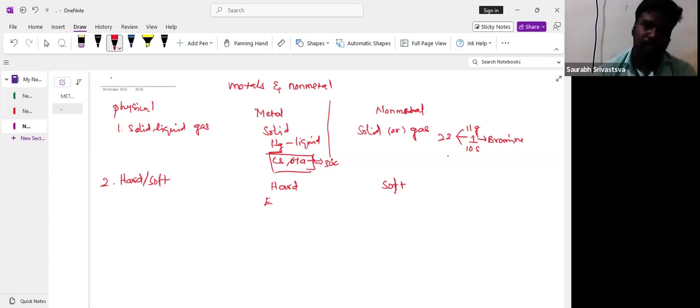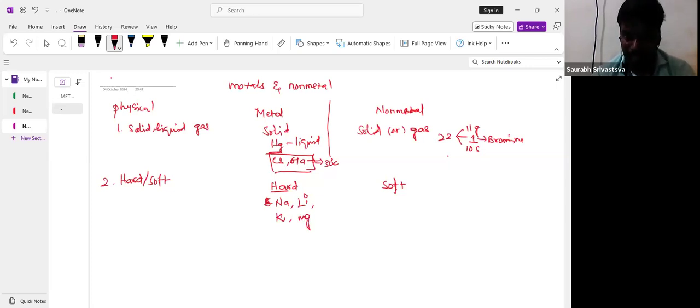So metals are hard except some metals. For example, sodium: if you take sodium, we can cut it with a knife. And lithium, you can cut with a knife. And potassium, you can cut with a knife. And sometimes they will say magnesium ribbon also can be cut with a knife.